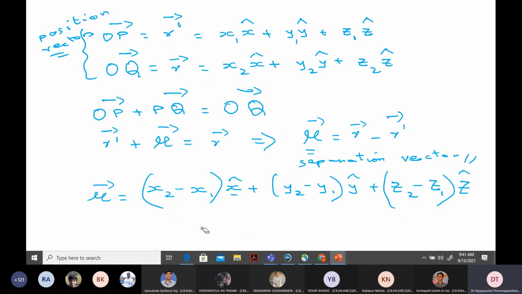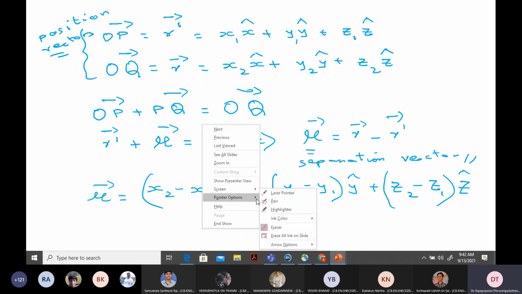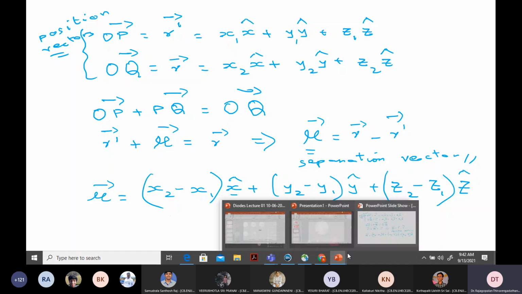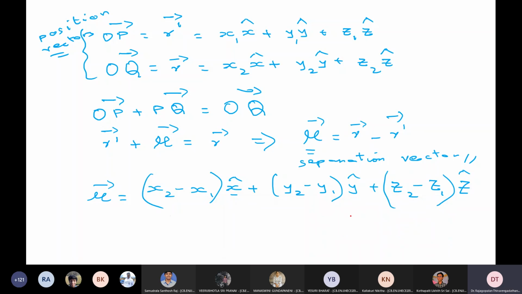The unit vector simply gives the direction with a magnitude of 1. So this definition is given by vector r by mod of this vector. Mod of this vector is the square of this term plus the square of this term plus the square of this term, and take the square root of the entire thing.